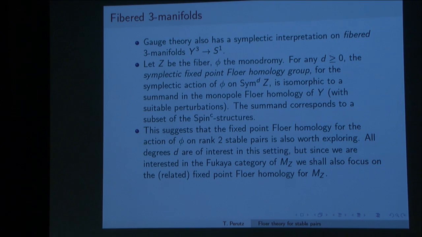So that principle suggests that it's worthwhile taking a look at fixed point Floer homology for the action of the monodromy on this space of rank 2 stable pairs that's of interest.